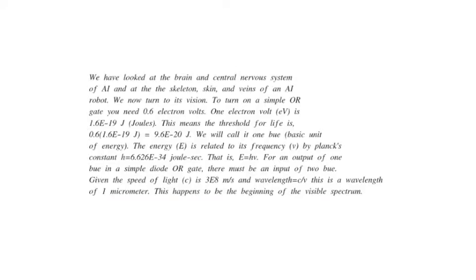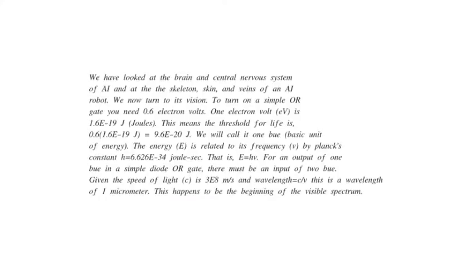Okay, we've looked at the brain and central nervous system of AI and the skeleton, skin, and veins of AI. We now turn to its vision. To turn on a simple OR gate, you need 0.6 electron volts. 1 electron volt, eV, is 1.6 times 10 to the minus 19 joules.